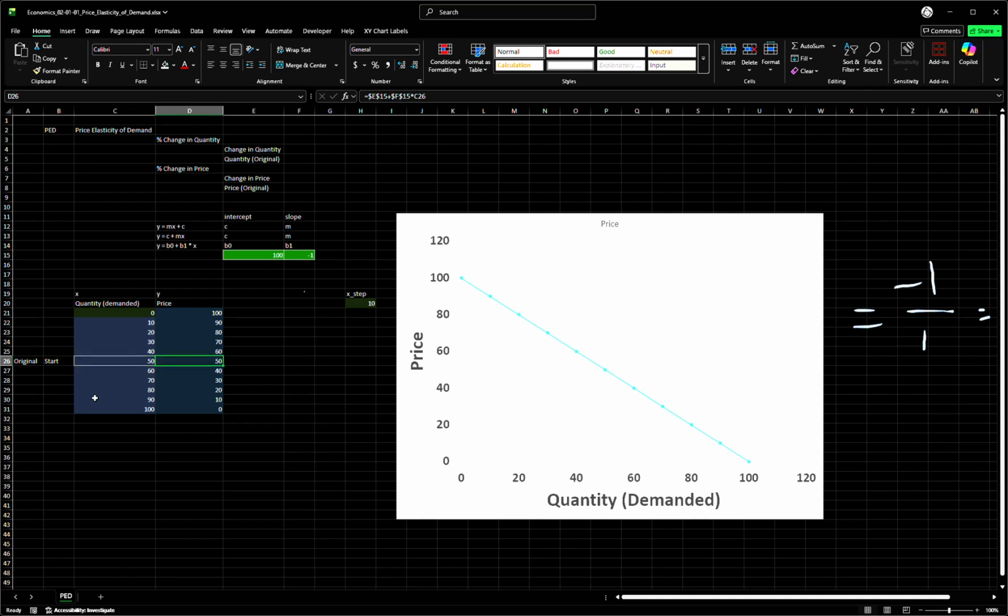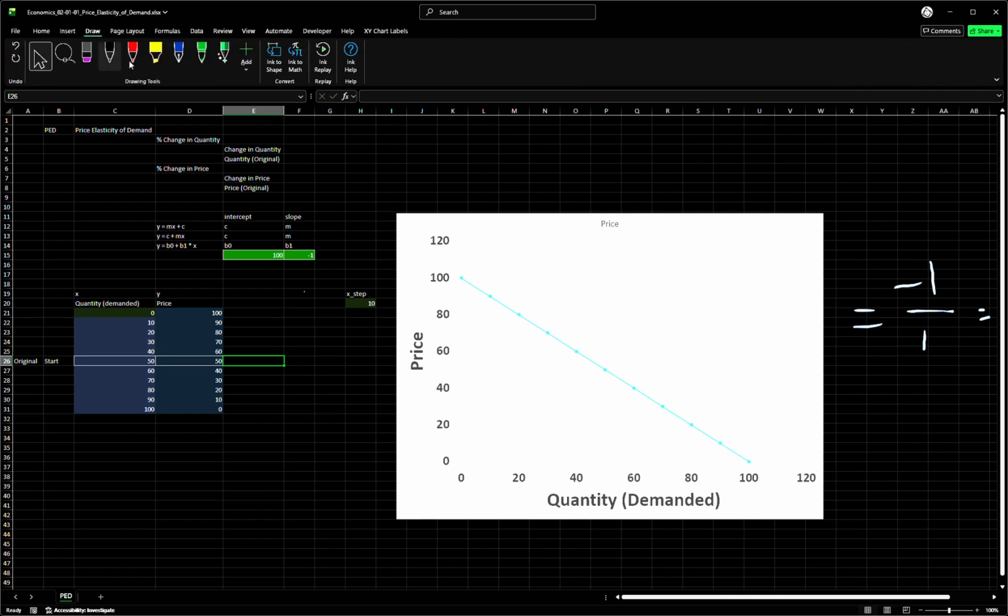So since X is the quantity after, let's say we increase 50 to 70, for example. Okay, so 20. So that's the change.